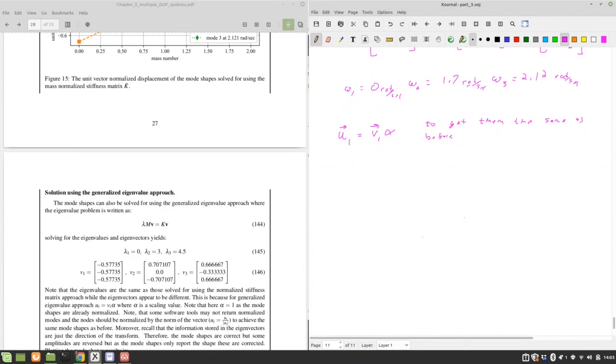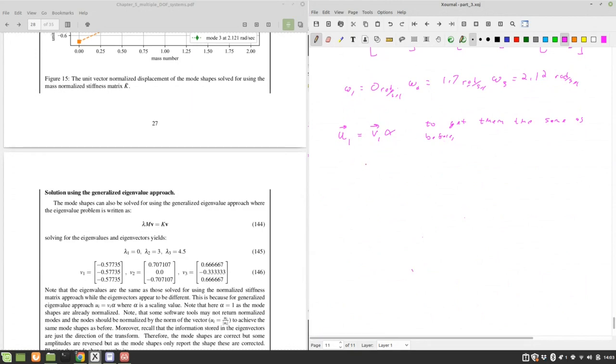As before, we had the two masses that we used to build our stiffness matrix. And one of the things that does is it normalizes it, right? That's why it's a mass normalized stiffness matrix. So we need to normalize these by a unit vector.